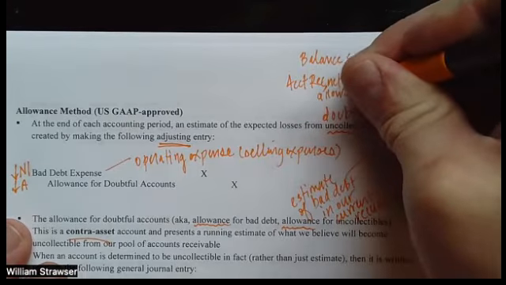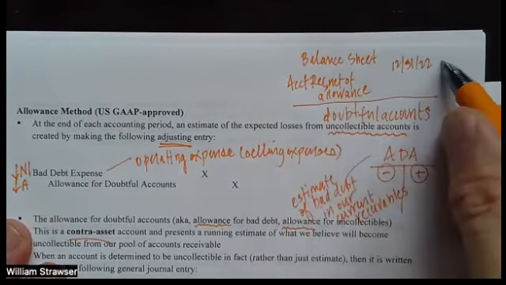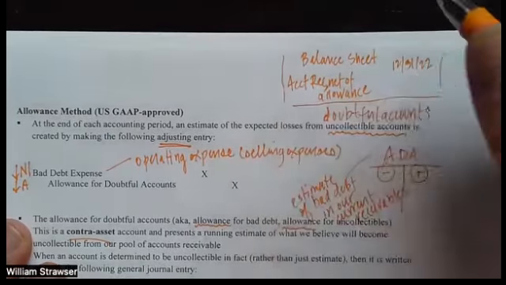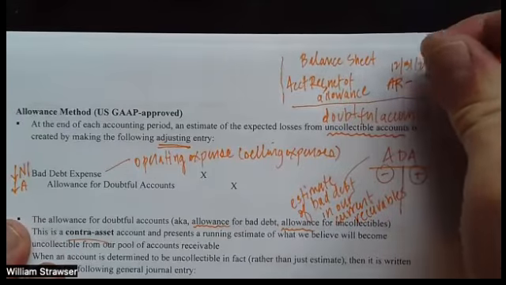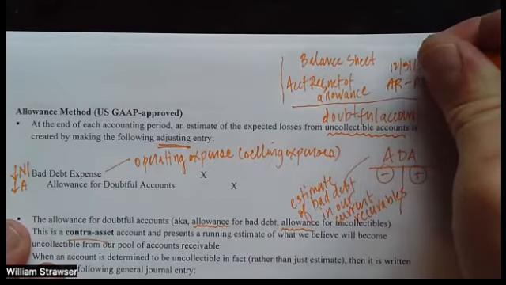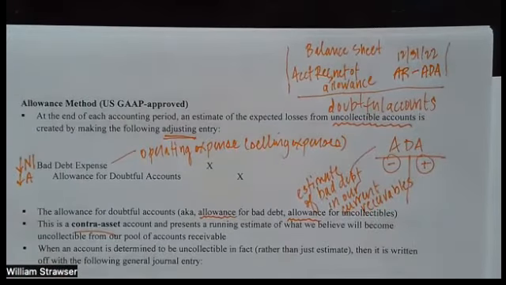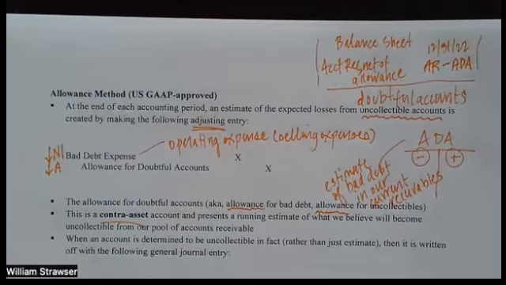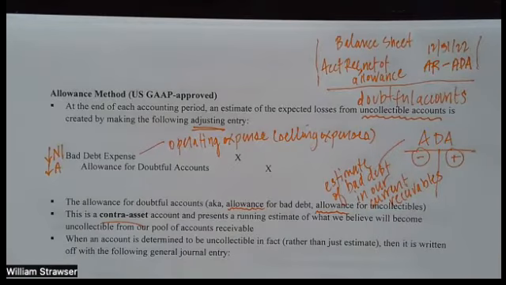What that means is that the dollar value reported will be the ledger amount of my accounts receivable less the ledger amount of my ADA. So it's net of that. We subtract it off. That way investors get a relevant idea of what we expect to be able to collect from all of the people that owe me money.